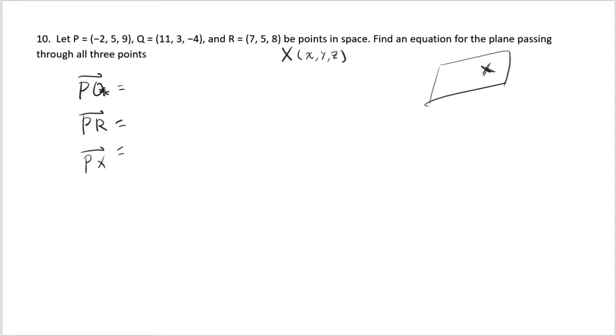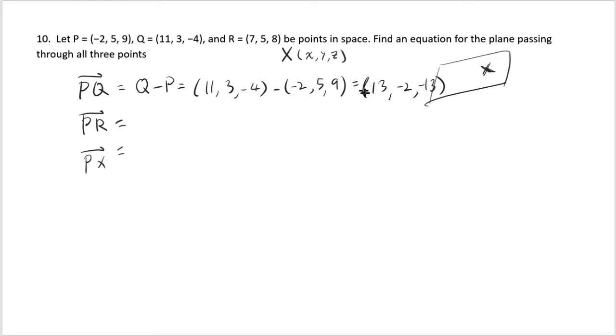It's always terminal minus initial, so you should do Q minus P, which is (11, 3, -4) minus (-2, 5, 9), and the result is (13, -2, -13).